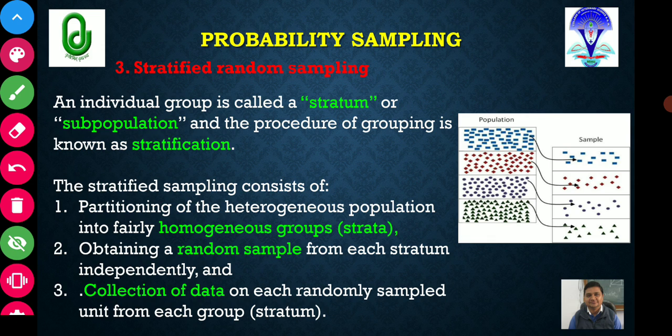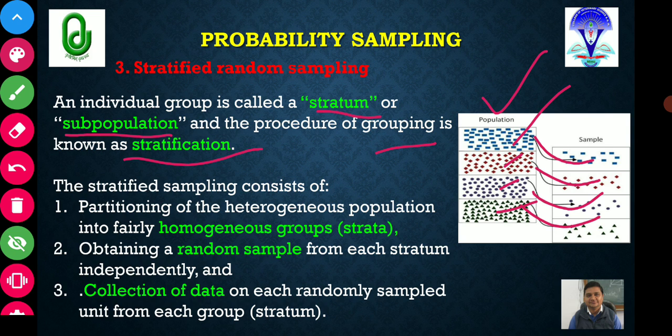An individual group is called a stratum or subpopulation, and the procedure of grouping is called stratification. So here you can see this is the population, and here based on color I have made it into different strata 1, 2, 3 and 4, and from each stratum I have selected the sample randomly.